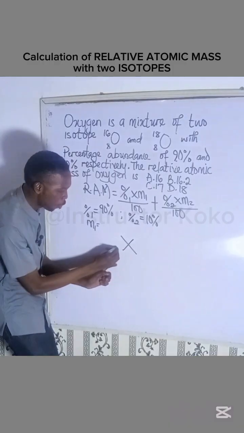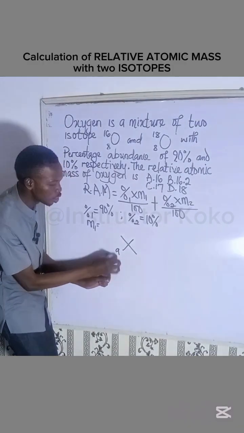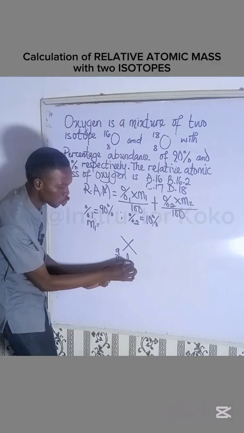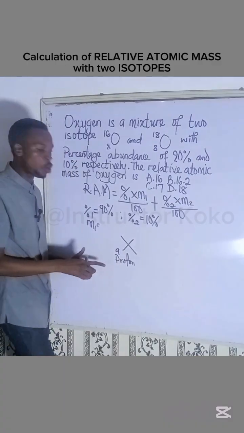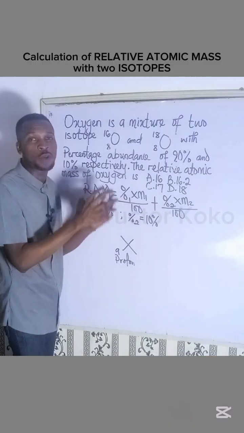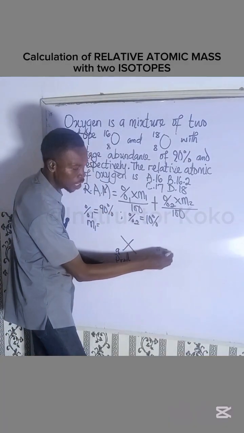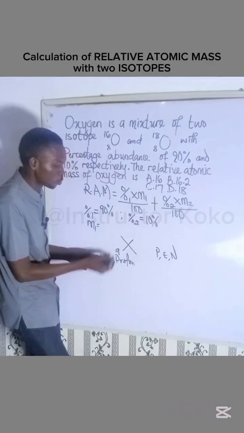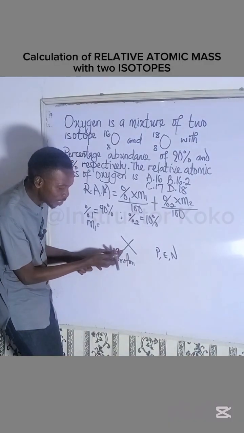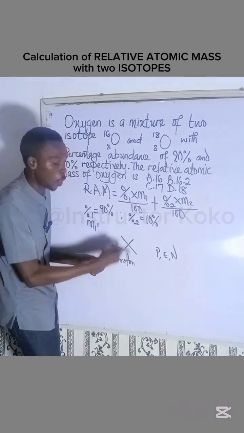Whatever number is written here is usually called the proton number. Of course, an atom is made up of 3 subatomic particles, which are the proton, the electron, and the neutron.